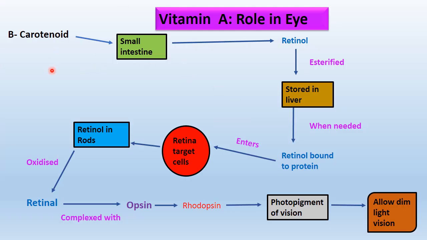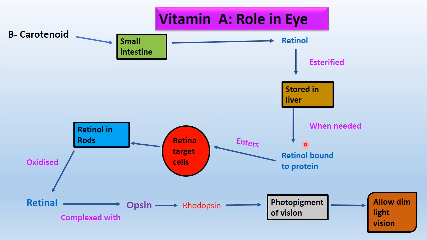Now we see what is the role of vitamin A in the eye. Beta carotene, the provitamin A, is converted into retinol in the small intestine. This retinol is esterified and stored in the liver.